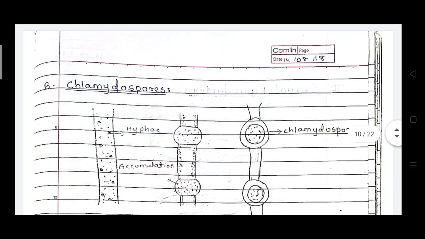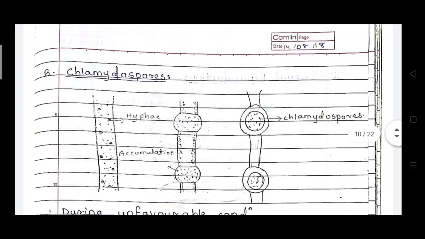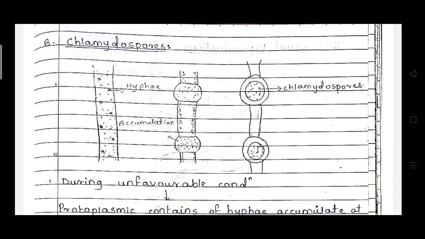Next is about the chlamydospores. They mostly develop in unfavorable conditions. The first figure shows the cells or the mycelium of Rhizopus. In that, hyphae are present, then accumulation takes place, and chlamydospores are developed.